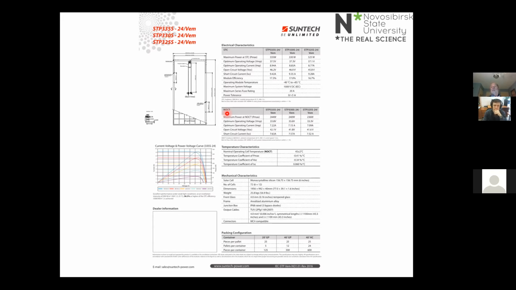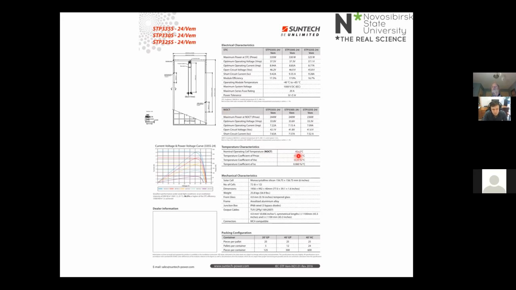And because the flash test lasts only for a millisecond or so, it's not going to heat up the module. Okay, and you can imagine, the temperature in the factory where the modules are made is probably somewhere in the low 20s anyway. So 25 degrees is a pretty good temperature for the module. However, in reality, the cell temperatures are significantly higher than that. So there's a condition called the nominal operating cell temperature, which is given here, is 45 degrees.